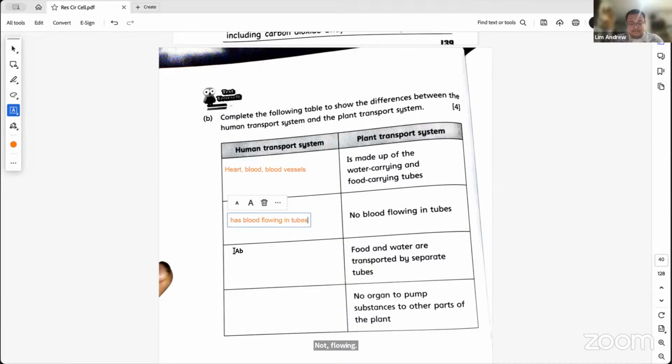Food and water are transported by separate tubes in plants. However, for humans, food and water are transported by the same tube.